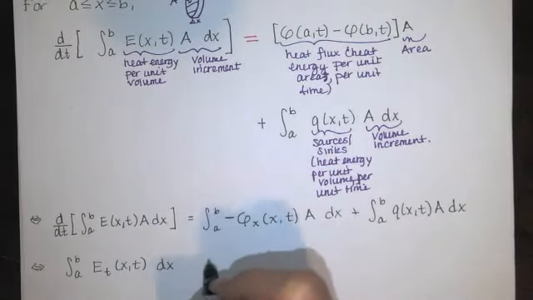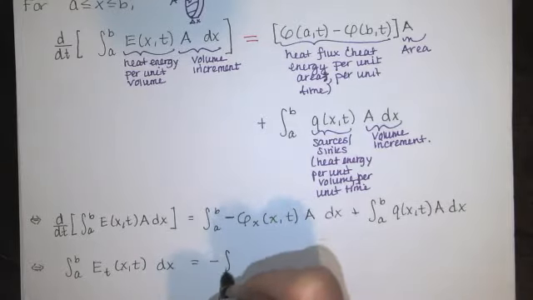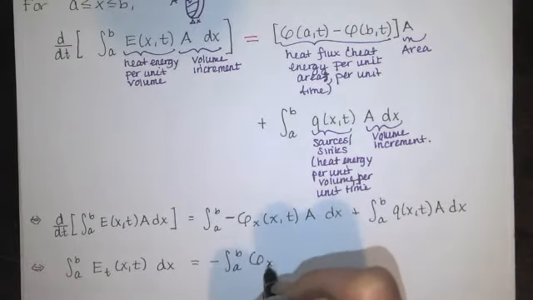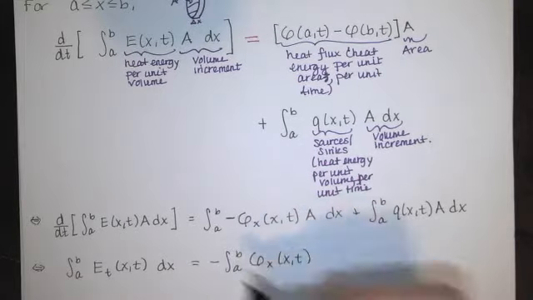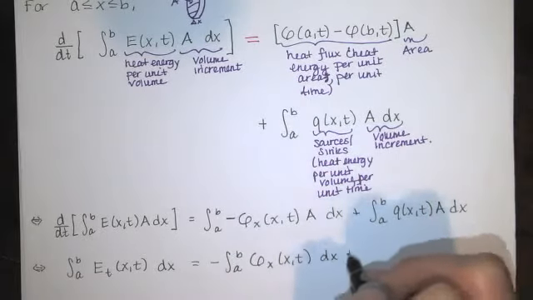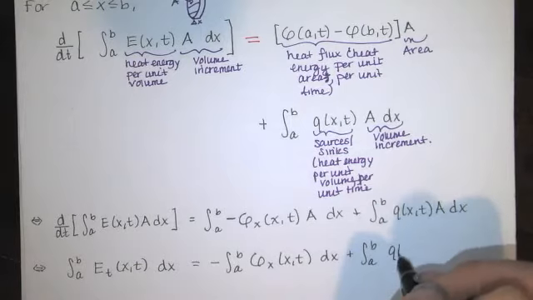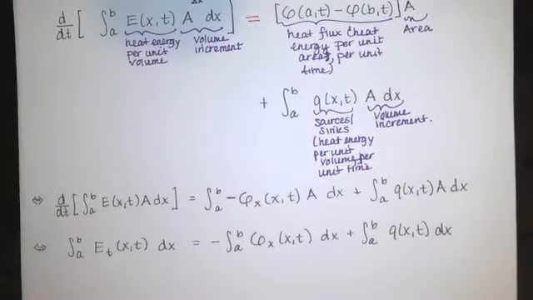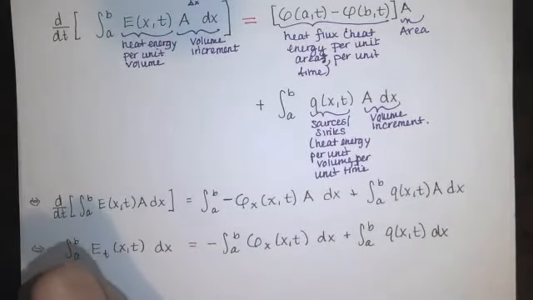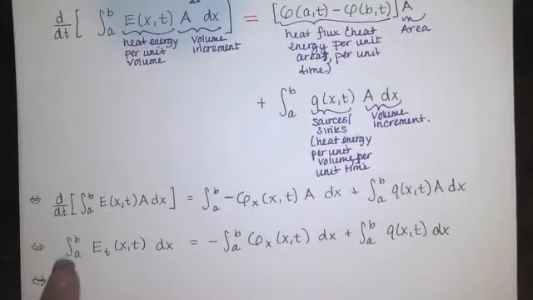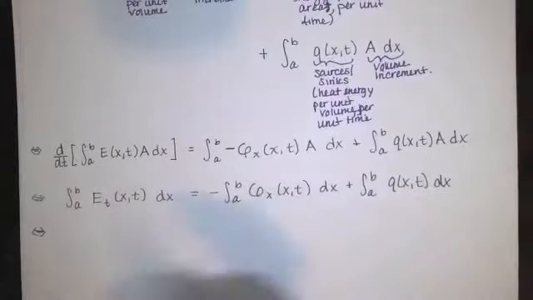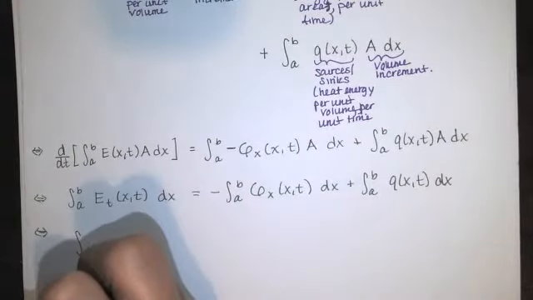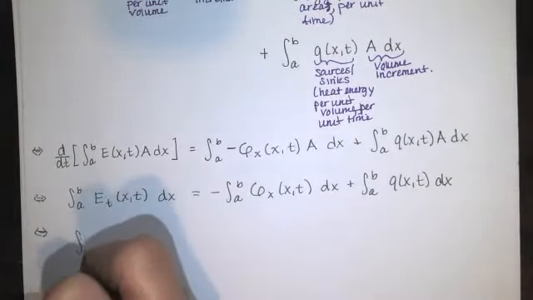So dividing out the a, you get this. And I can write all of that as a single equation if I wanted to, all within a single integrand, because I'm integrating this from x equals a to x equals b, and the same here and the same here. And so we can write it this way.